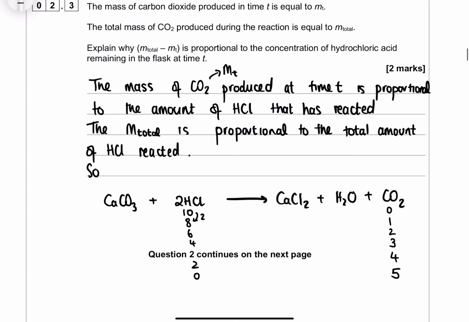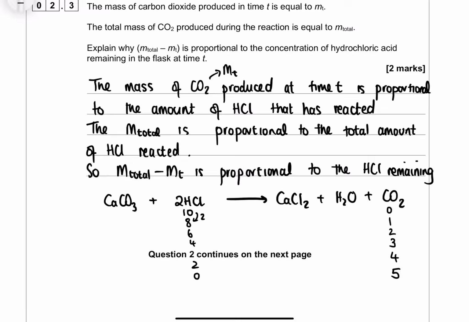So M total minus MT is proportional to the HCl remaining, because it's proportional to total HCl minus HCl that has reacted.